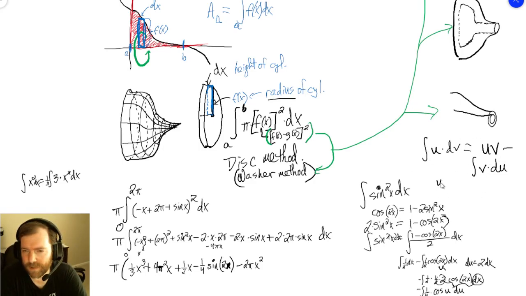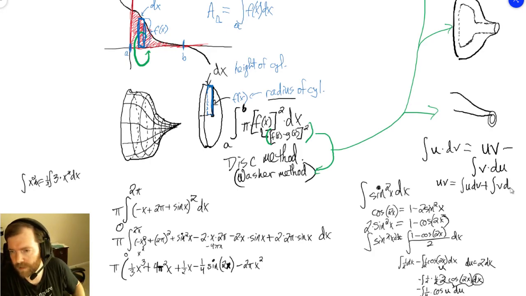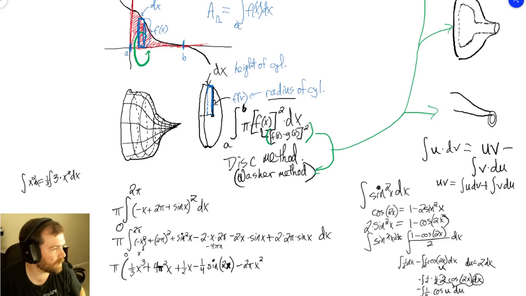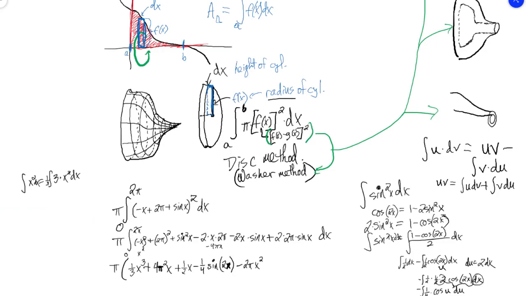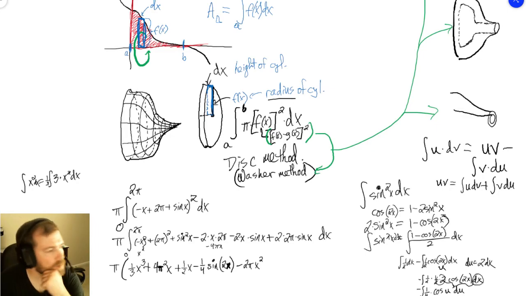Essentially what you've got here is that uv is equal to integral of u dv plus integral of v du. Give me 1 second here. Okay.